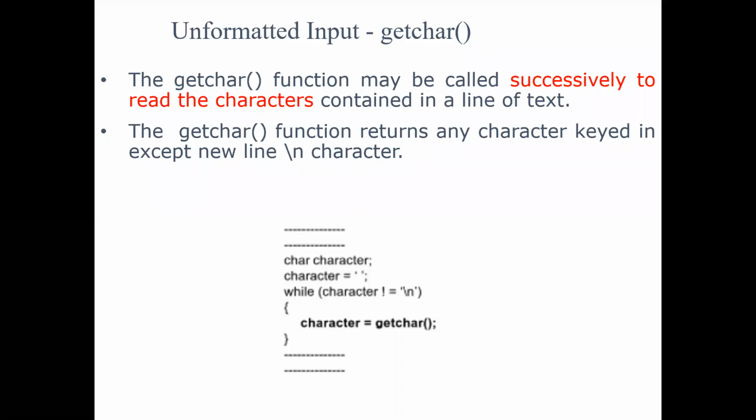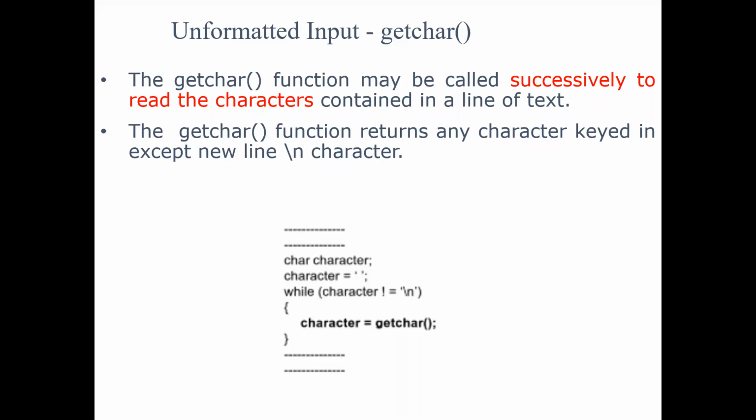We have studied that in a while loop there should be an exit condition, right? The exit condition should be given in the while brackets. So you have to give the condition properly, otherwise it will end in an infinite loop.